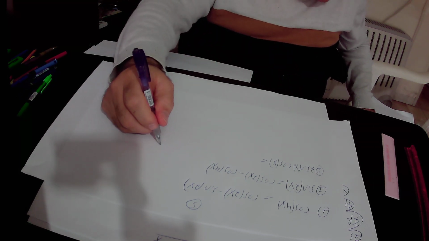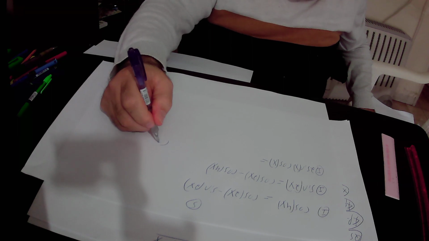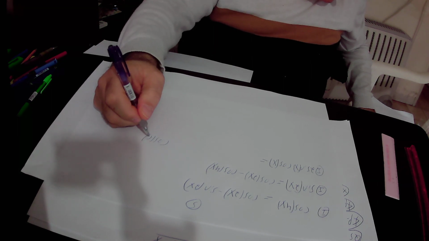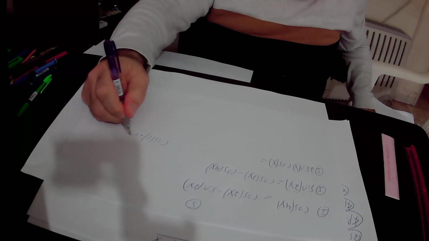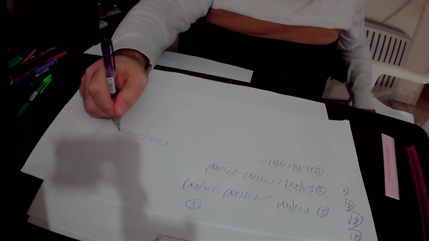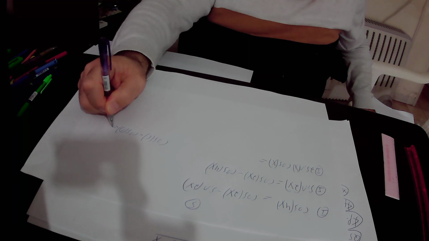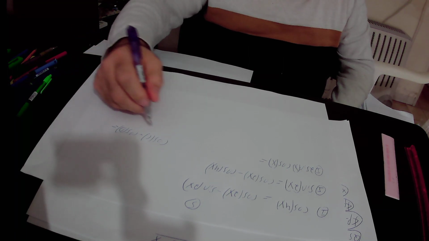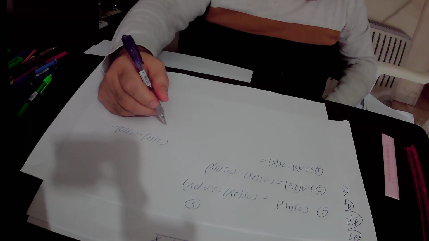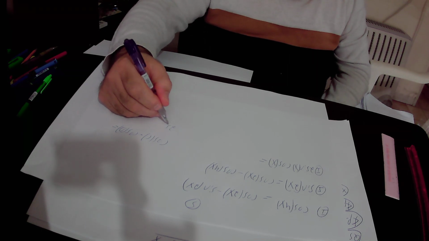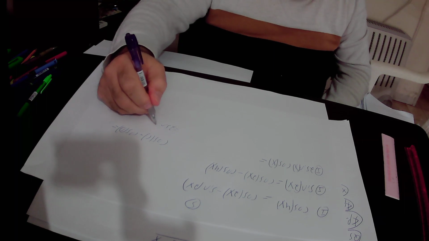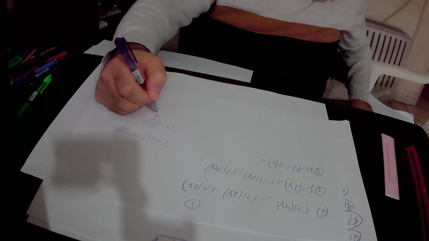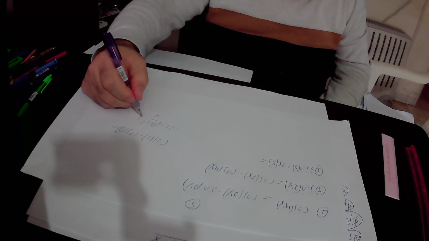So I write it down. Cosine C minus cosine D is equal to 2 sine of (D plus C) over 2, times sine of (D minus C) over 2.